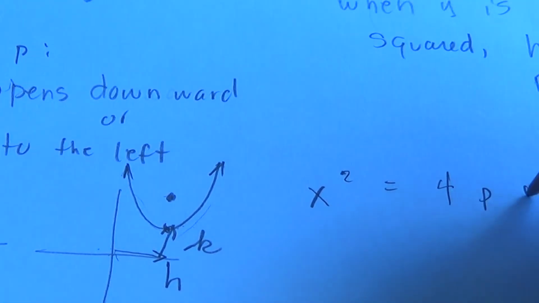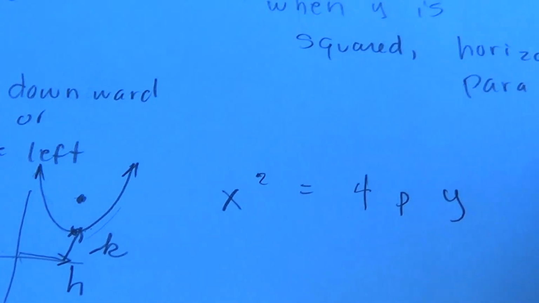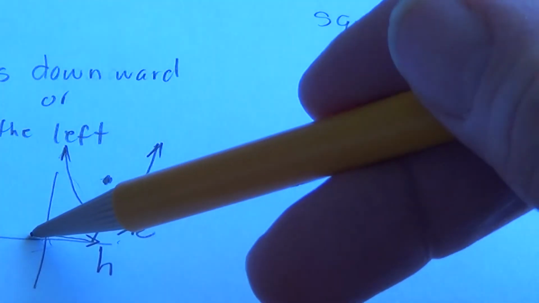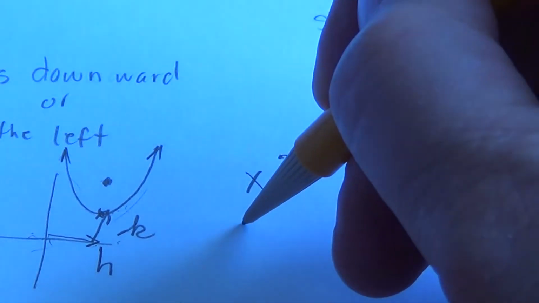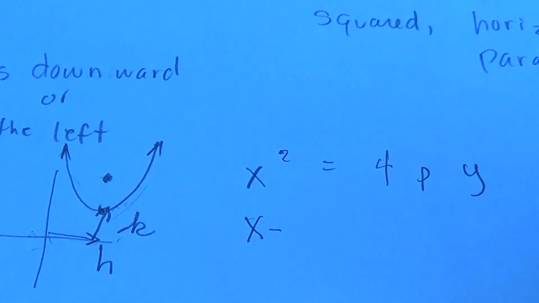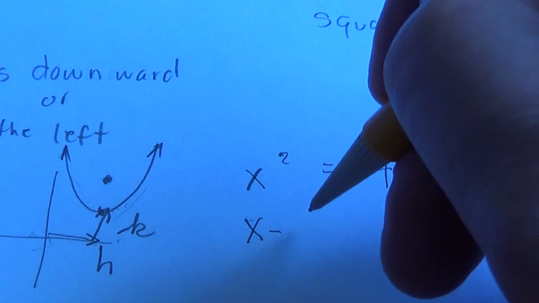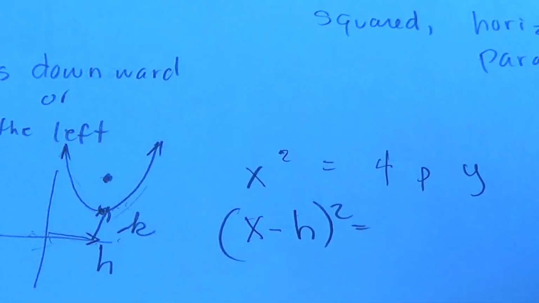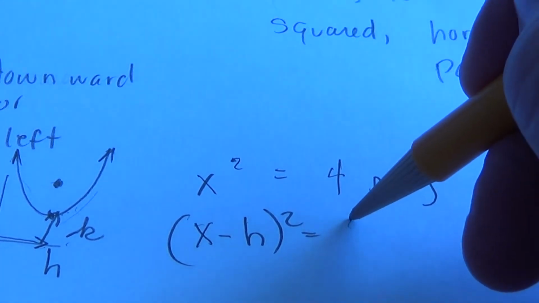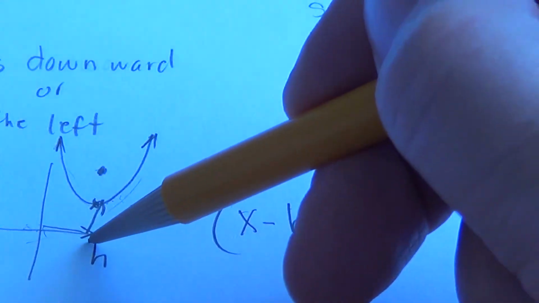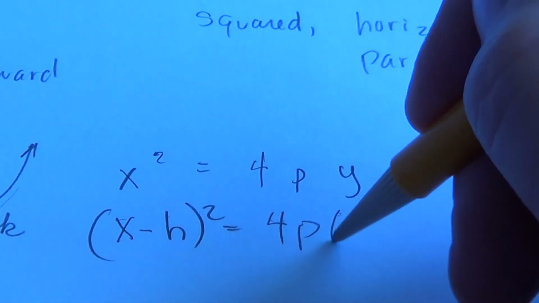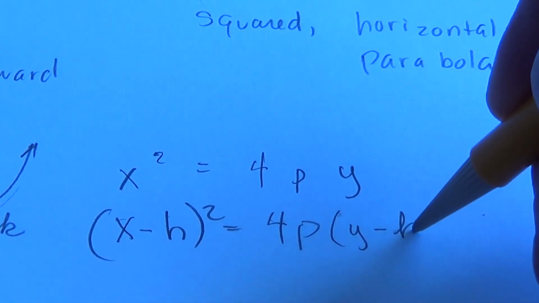And now because we moved it over h and k, the h is how far the x moved, and it will attach to the x variable with the opposite sign, and 4p, and since we moved up k from the origin to get to the new vertex, we're going to do y minus k.